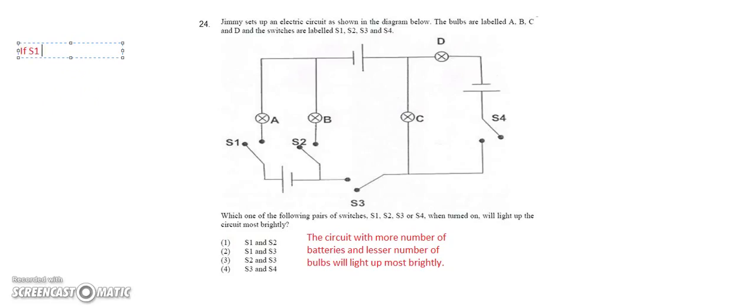If switch 1 and switch 2 are closed, bulbs A and B will light up, but they will be sharing electric current from one battery.